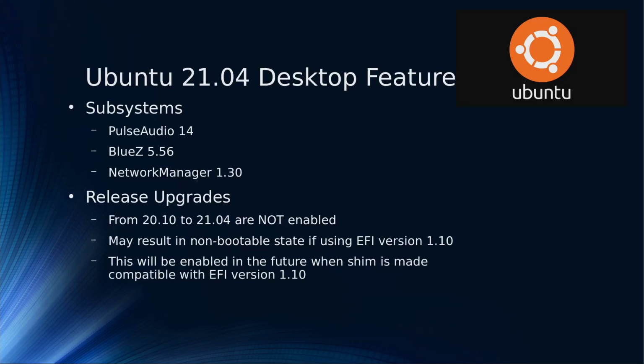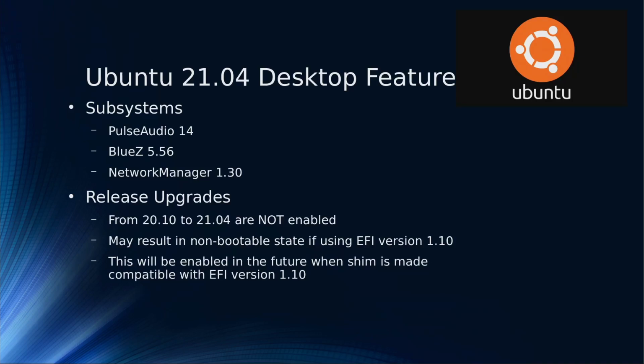So one of the things that is a result of the changes to Secure Boot is that if you're attempting to upgrade from 20.10 to 21.04, you'll find that your release upgrades are not enabled. So if you go to do a release upgrade, you'll find that it won't find anything to do.